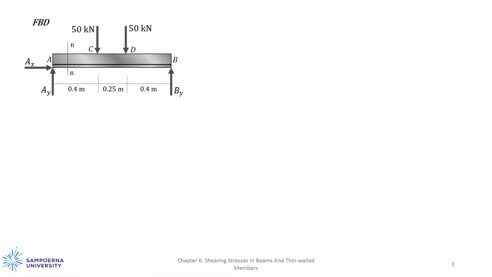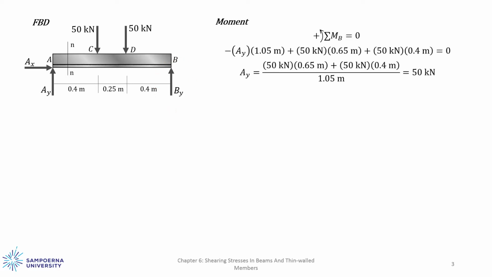First, we draw the FBD with reaction forces as shown in the figure. For the pin, it has two components, X and Y. For the roller, it only has a component in the Y-axis. Next, we use sigma moment at B equal to 0.